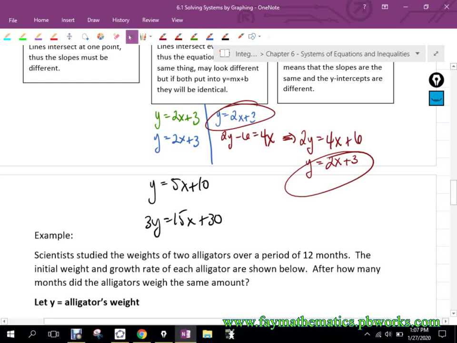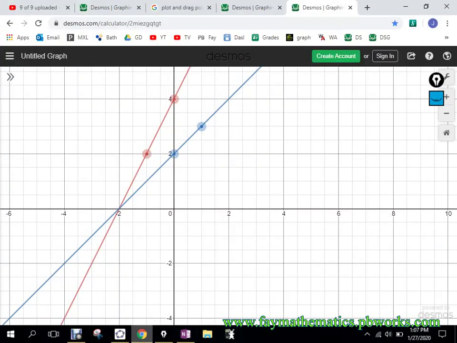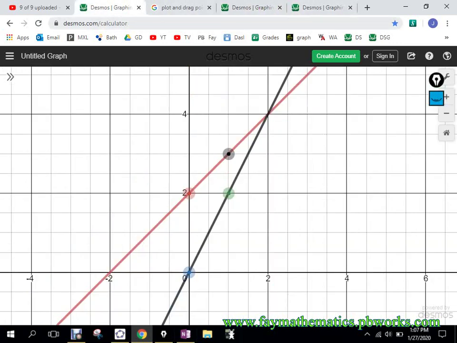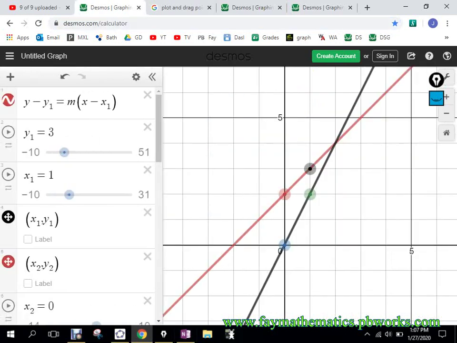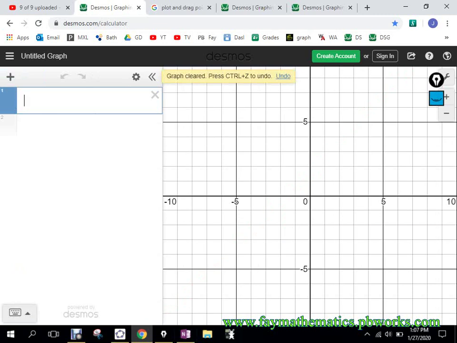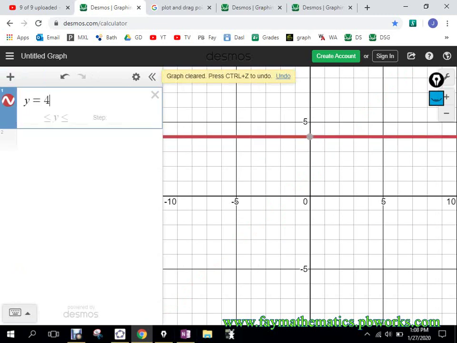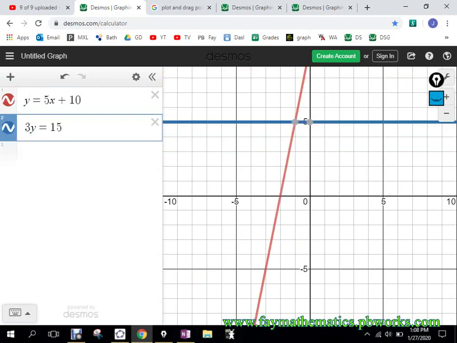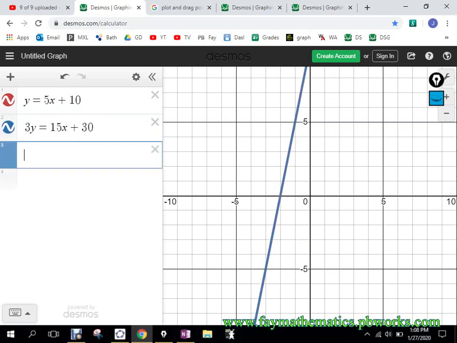So let me just prove this to you real quick with a picture from Desmos. If we go to y equals 5x plus 10, and then I go 3y equals 15x plus 30, do those two lines coincide?